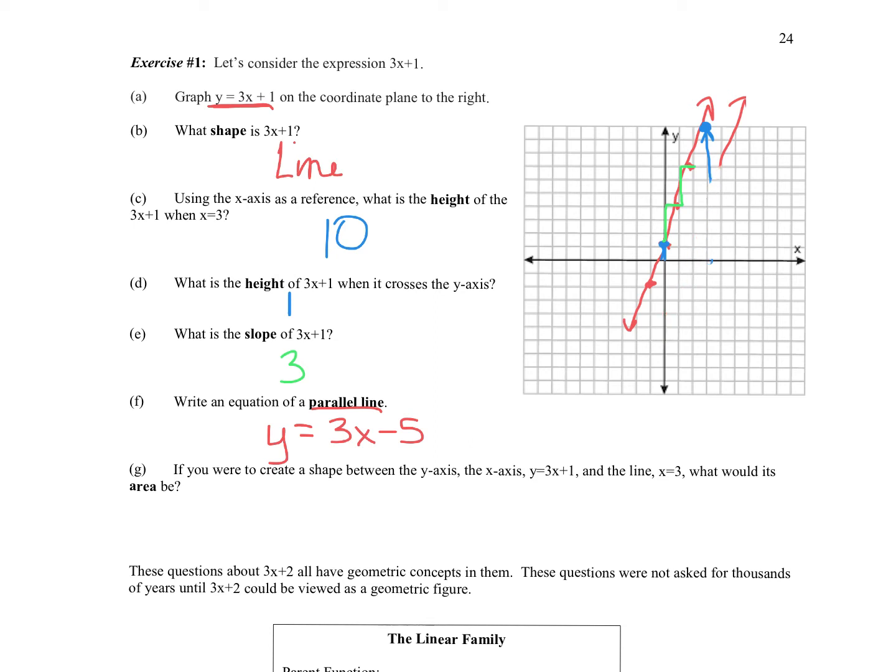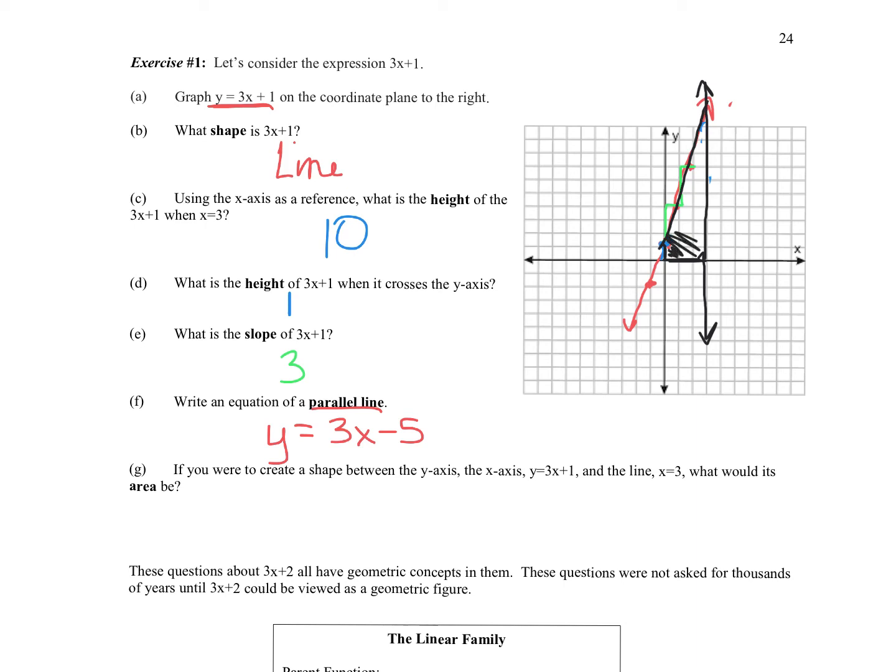So next question, I'm going to erase some of the stuff I have. And specifically, I'm going to erase this line because I want to talk about this next question. So it says, if you were to create a shape between the y-axis, the x-axis, 3x plus 1, and the line x equals 3. So let me just draw that in. So here we got the x-axis, here we got the y-axis, and x equals 3.